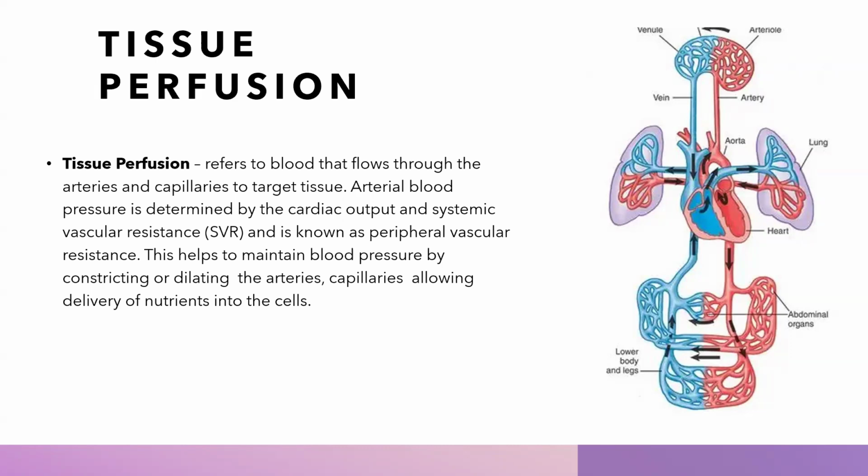So tissue perfusion refers to the blood that flows through the arteries and capillaries to target tissue. Arterial blood pressure is determined by cardiac output and systemic vascular resistance. Now that resistance can increase if the person has narrowed arteries and veins, arteriosclerosis, or atherosclerosis in their lower extremities, or blood clots or something of that sort.